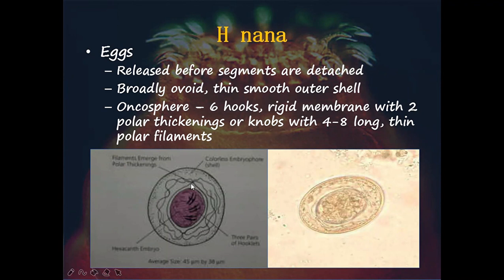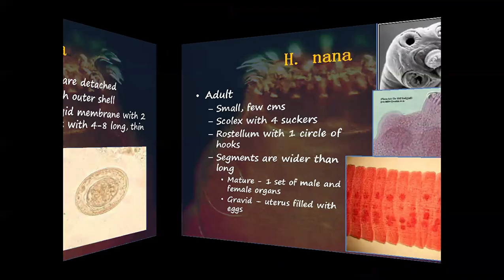So this is a polar thickening at one end, another polar thickening at the opposite side, and each polar thickening will have 4 to 8 polar filaments. In this case, you can see them in the wet mount picture.